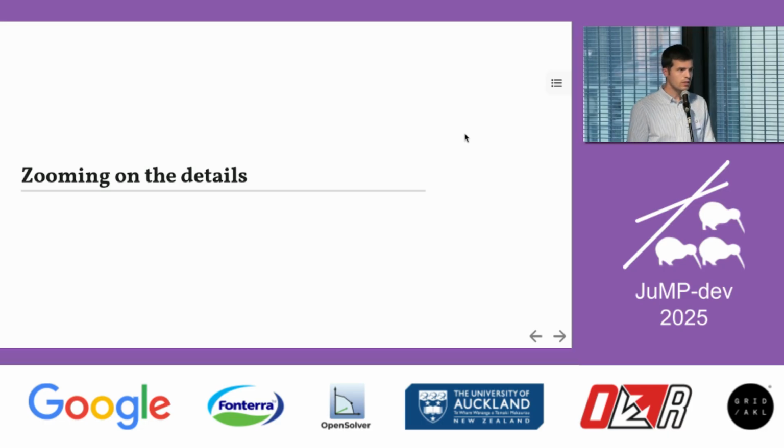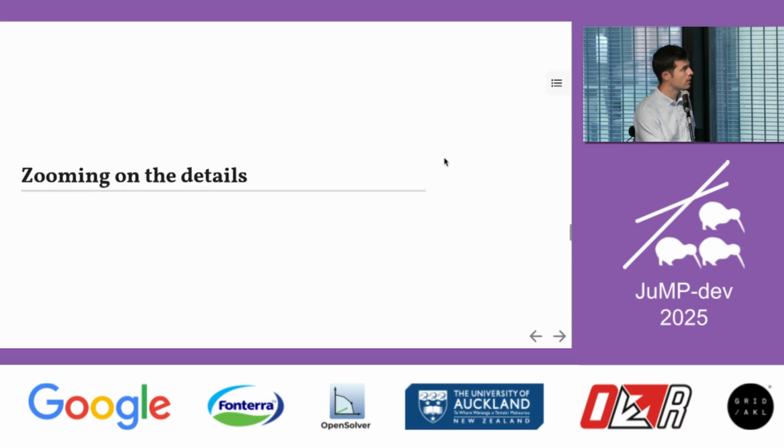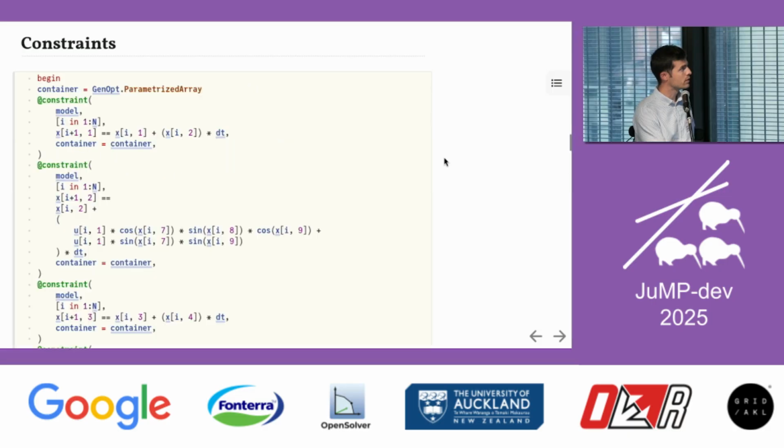Okay, so let's discuss a little bit what was a bit tricky and a bit on the details. Here I briefly mentioned, sometimes when you have an iterator, for example, here you have I plus 1.